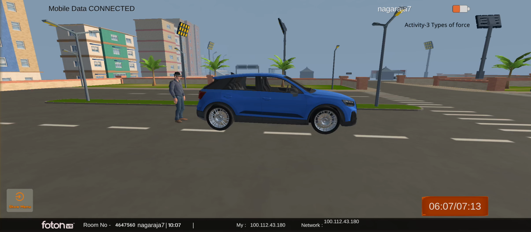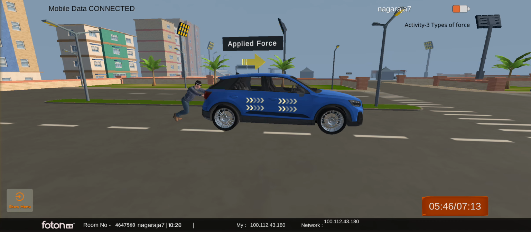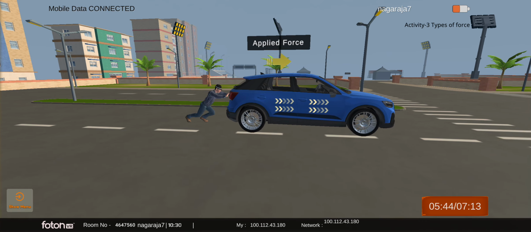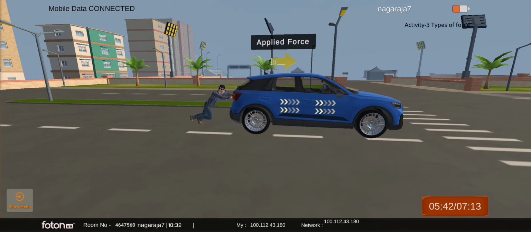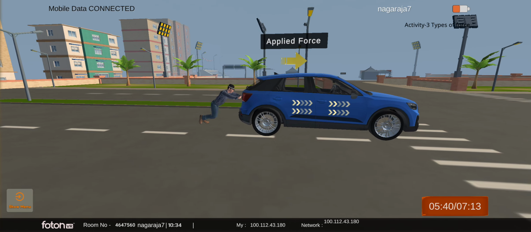Let's take one more example. Here, one man is pushing the car, and the car is moving in the direction of the applied force.